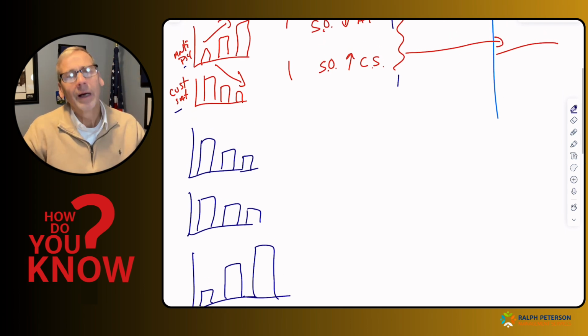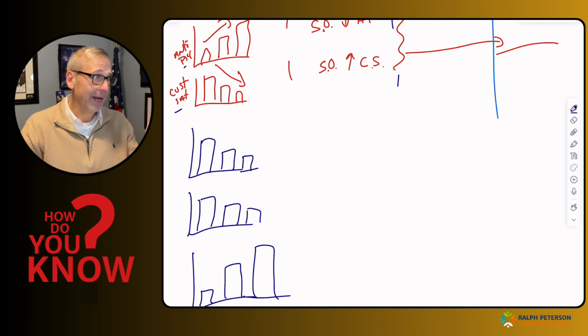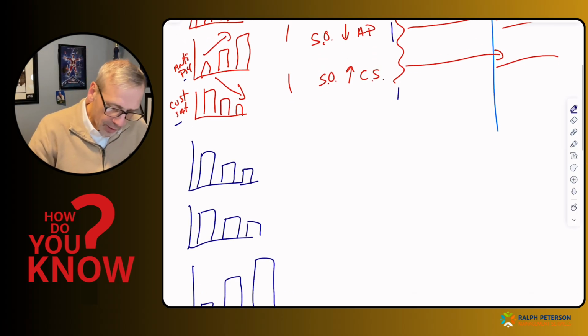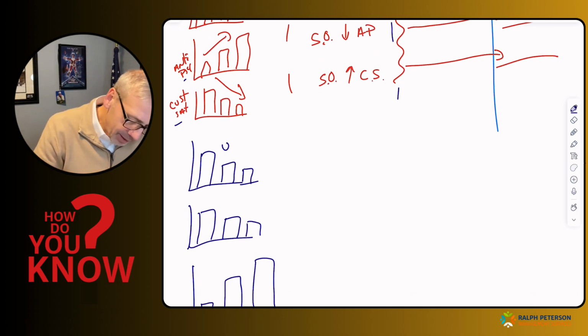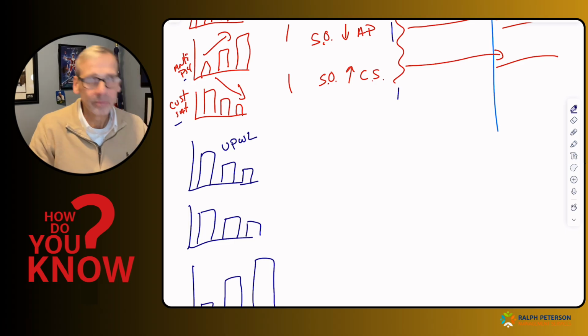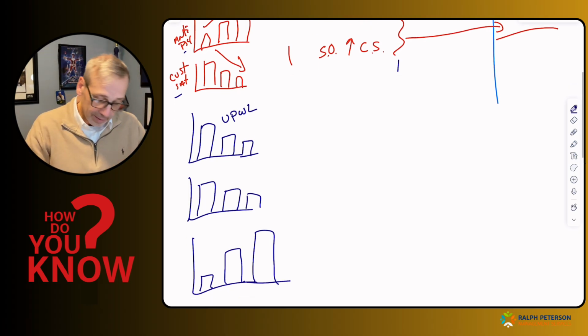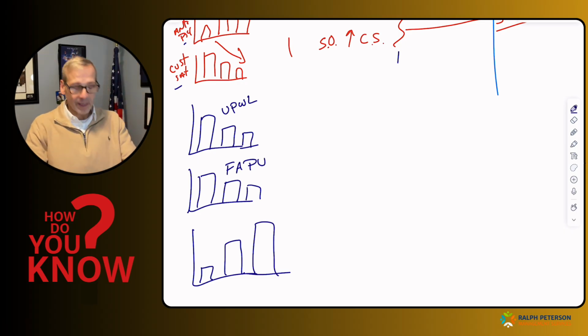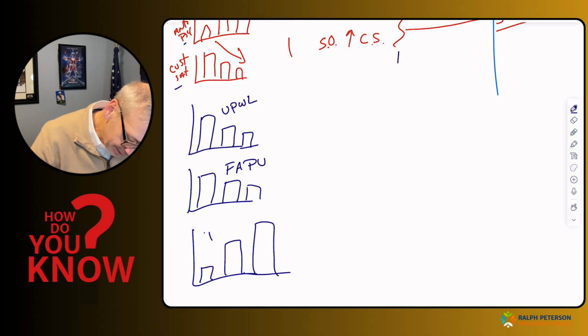And when we put a little label on it, turn data into useful information, we go, hey, this is unplanned weight loss. This is facility-acquired pressure ulcers. Interesting. This is employee retention.